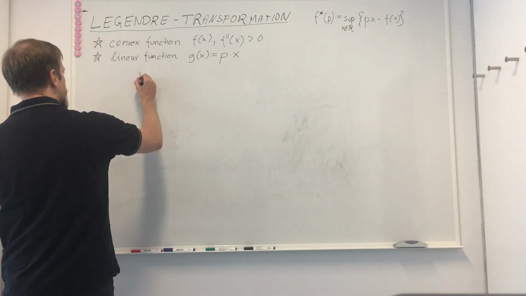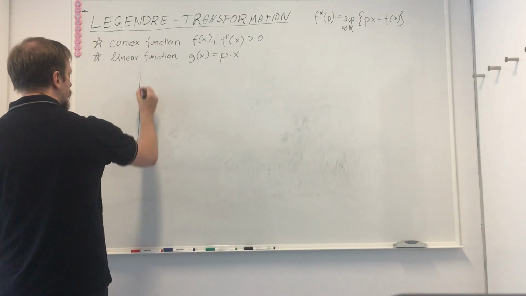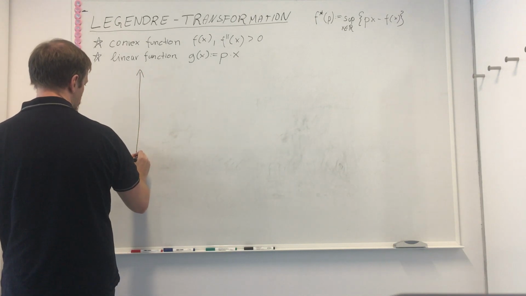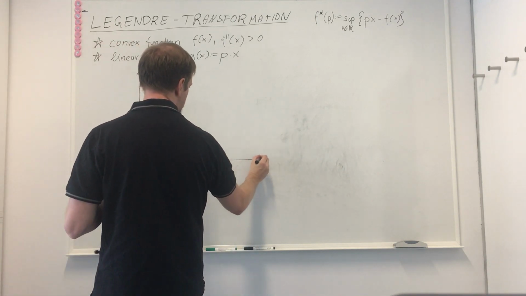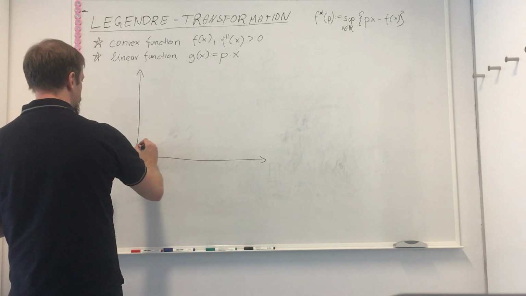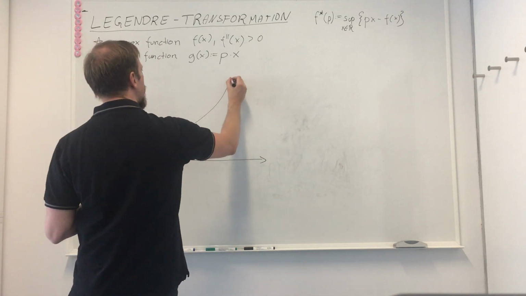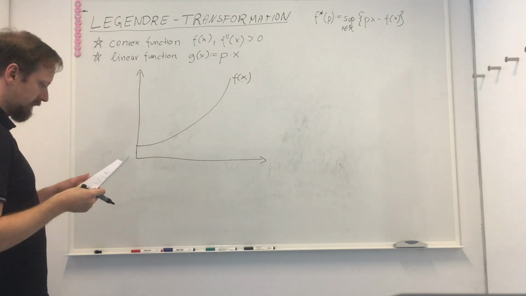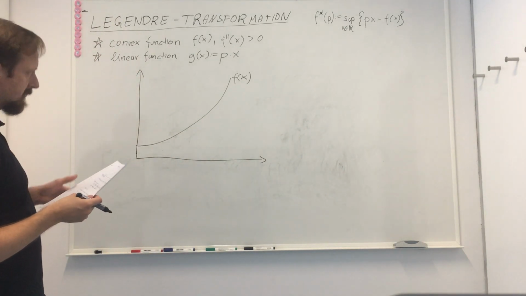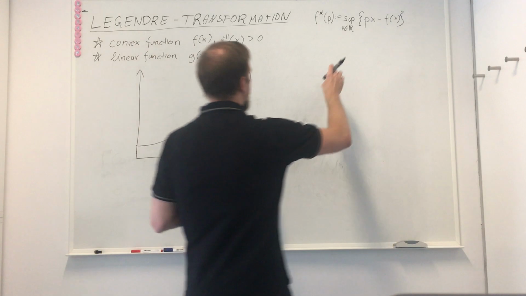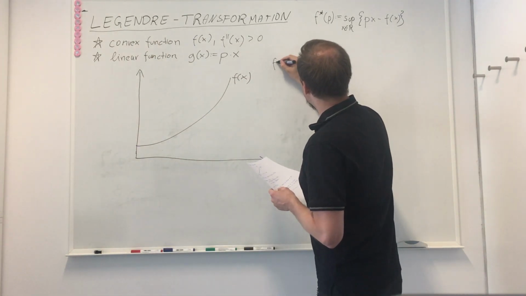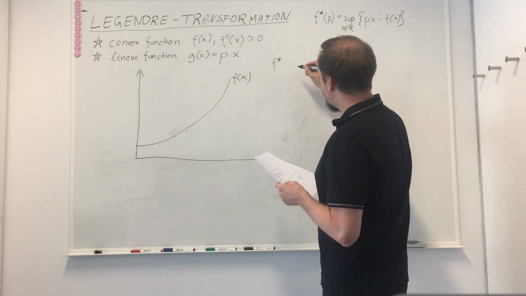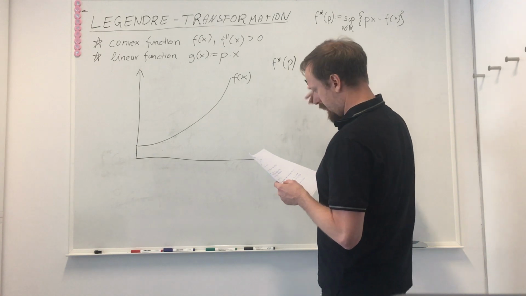So now let's draw again our coordinate system and draw the function f of x. And also write again f star, like we have found it before cleaning the board.